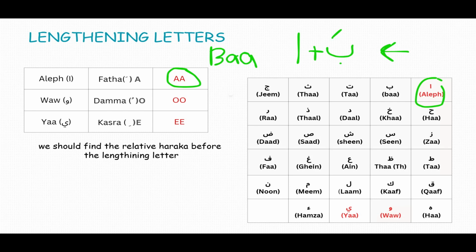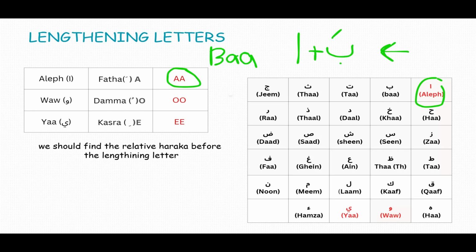Ba, ta, da, sha. And this is the only case that we use alif in. You will not see alif with another sound or in another situation. This is the function of alif. It's always a lengthening letter. It doesn't accept any haraka because it has one sound. This is about alif.